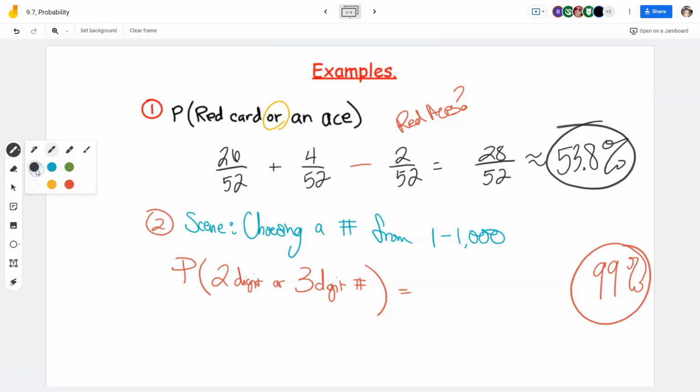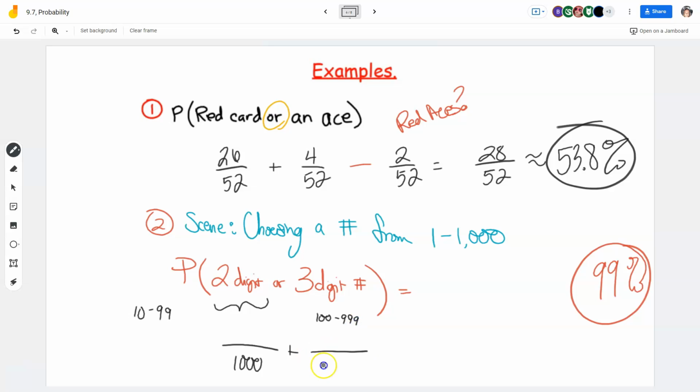Okay, you do it. Yeah, it's just 99 minus 9. I did 80. I thought you'd have to do however many 2-digit numbers there are, because that would be all the numbers from 10 to 99. Oh, yeah, 9. And then 3-digit numbers, that'd be 100. Why did it subtract 10?